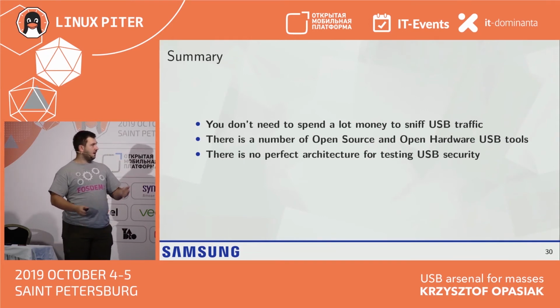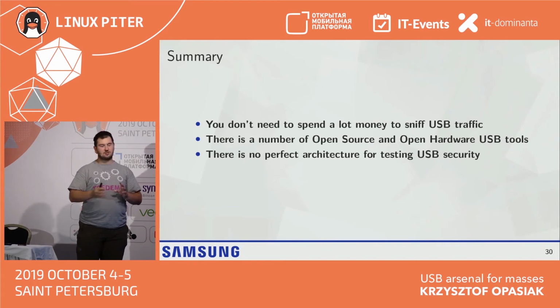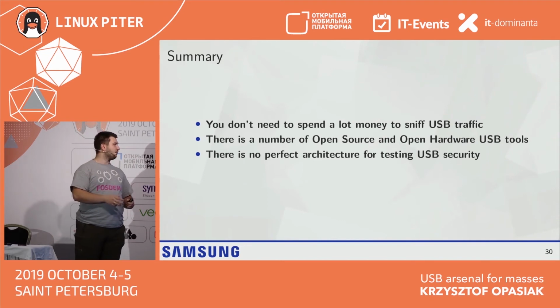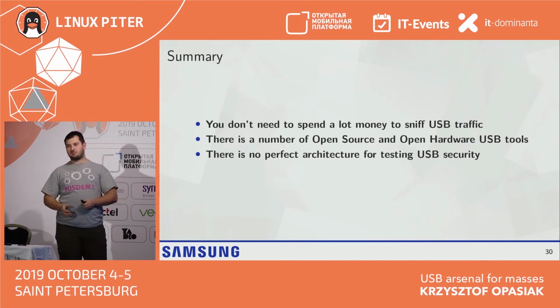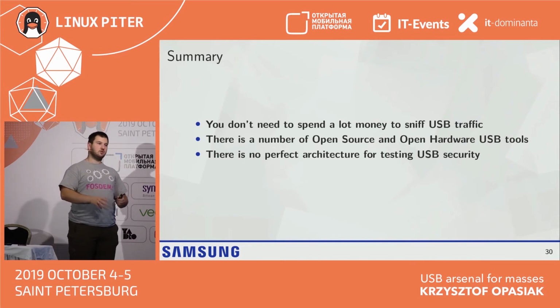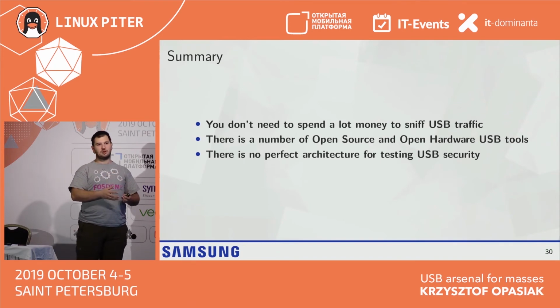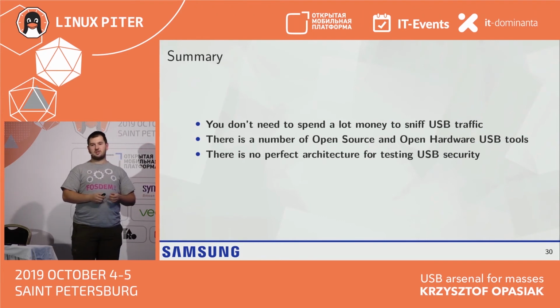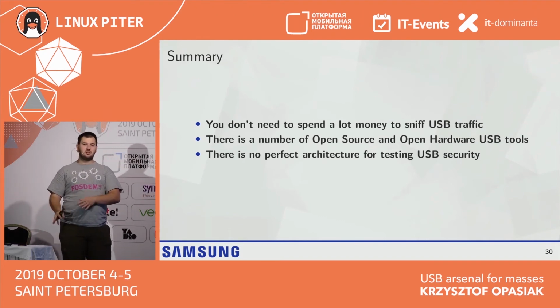In the end, I would like to mention that I believe that there is no perfect architecture for USB security testing. Based on my experience, not all of the issues can be triggered with fuzzers like syzkaller or the VUSBF, because they still need to pass some sanity checks.